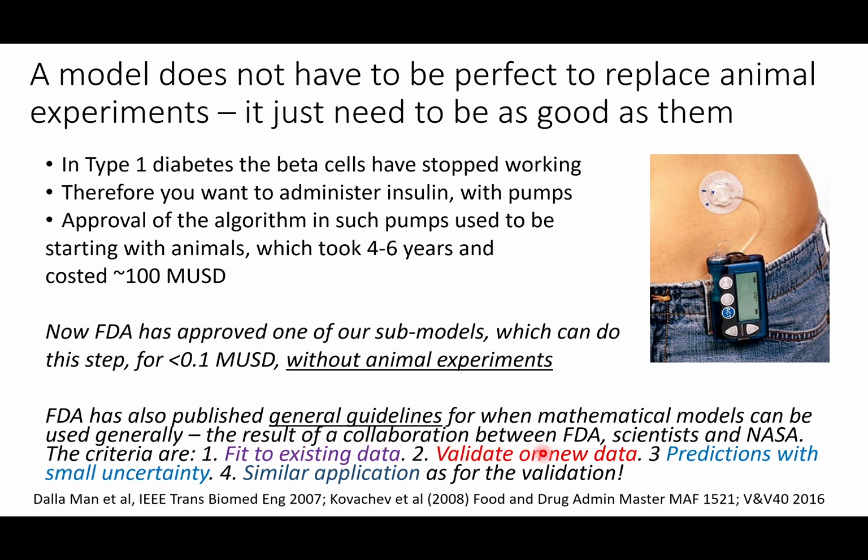Can it correctly predict new validation data? Can it then do new predictions with a small uncertainty? It needs to be small in order to be useful. And is there a small difference between where you did the validation and where you actually want to use the model, the applications you want to use the model for? Only if the answer to all of these questions is yes, should you use a model.